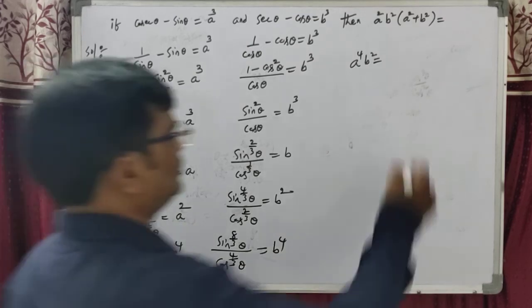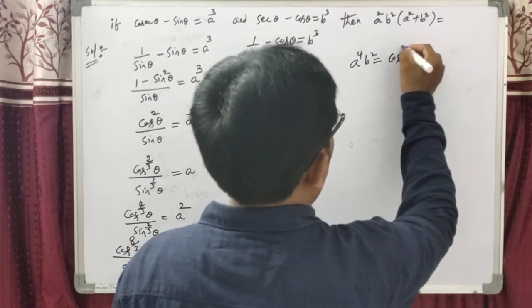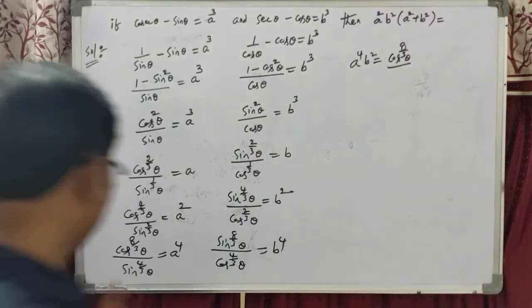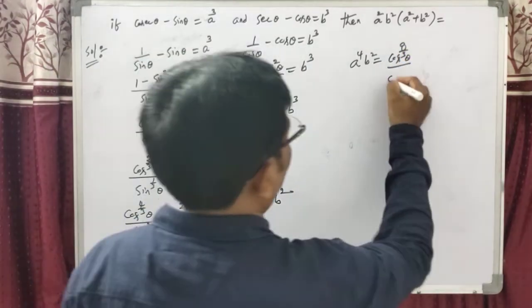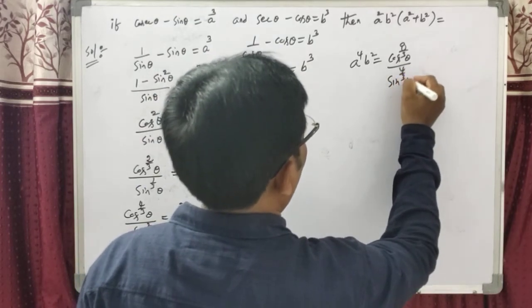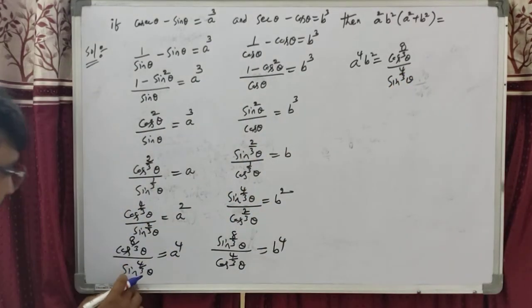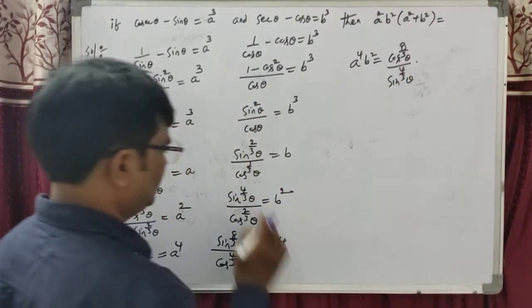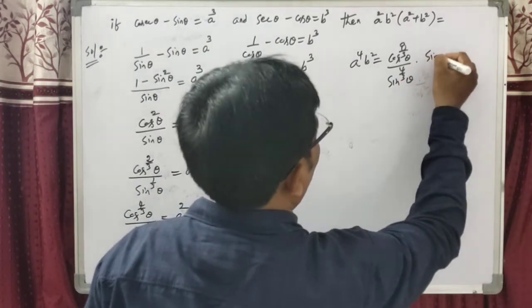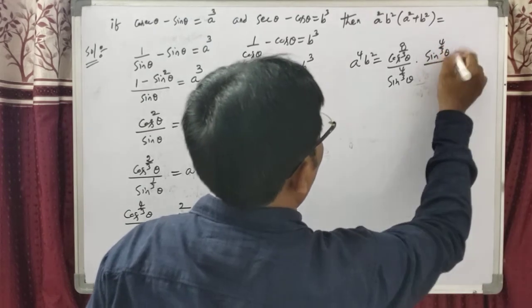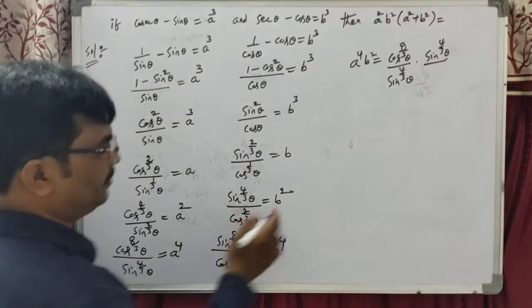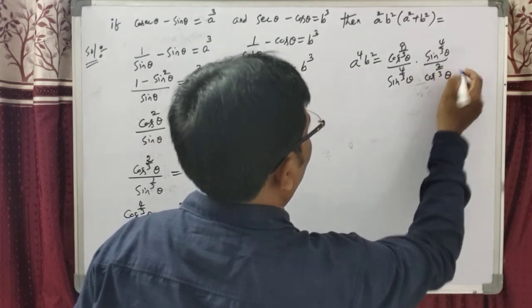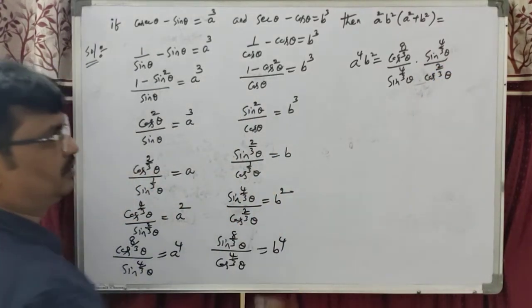A power 4 is cos power 8 by 3 theta sin power 4 by 3 theta. Now b square is sin power 4 by 3 theta over cos power 2 by 3 theta.